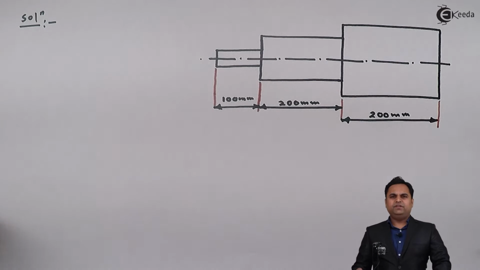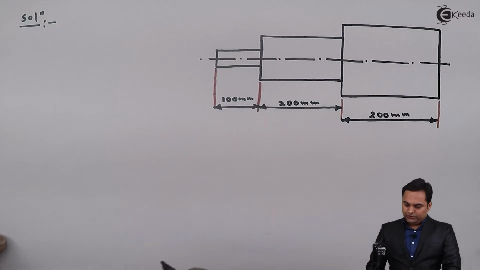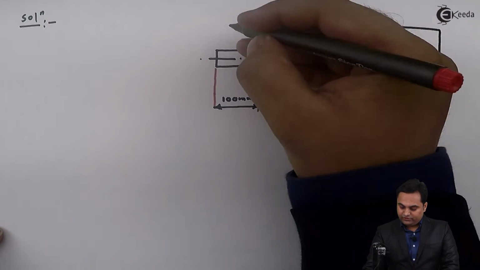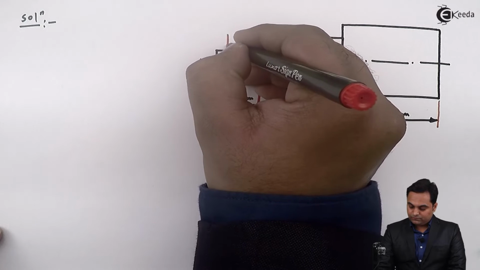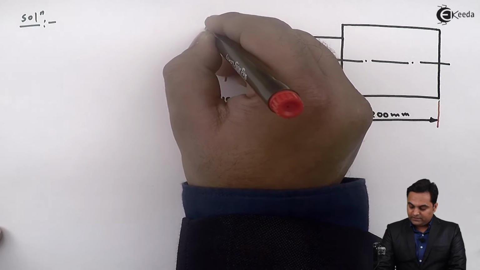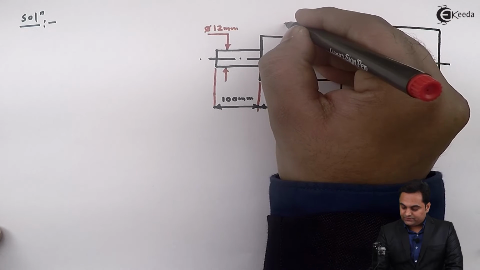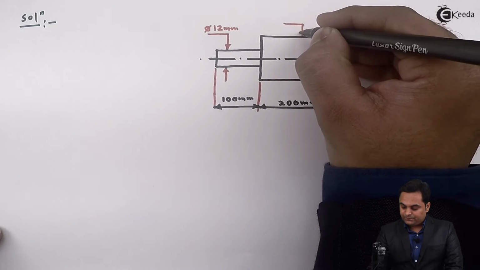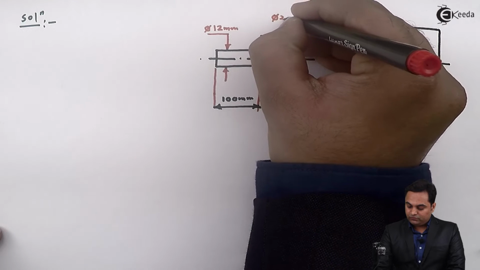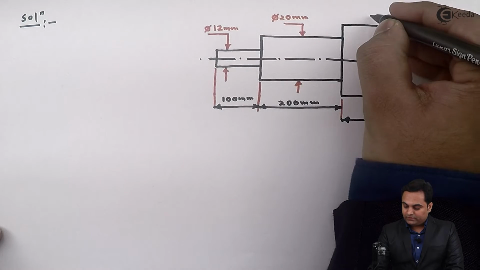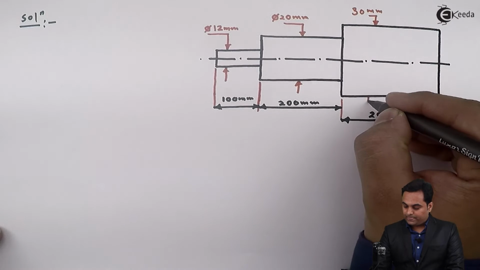Now these different lengths also have different diameters. So here the first section has a diameter of 12 mm. Next section has a diameter of 20 mm. At last we have a diameter of 30 mm.